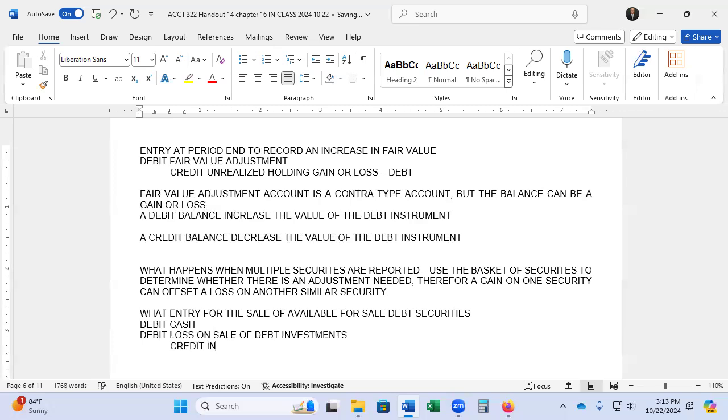You would credit interest revenue. Credit debt investments to remove it from the balance sheet. And then if it was a gain instead of a loss, you would credit gain on sale of debt investments.